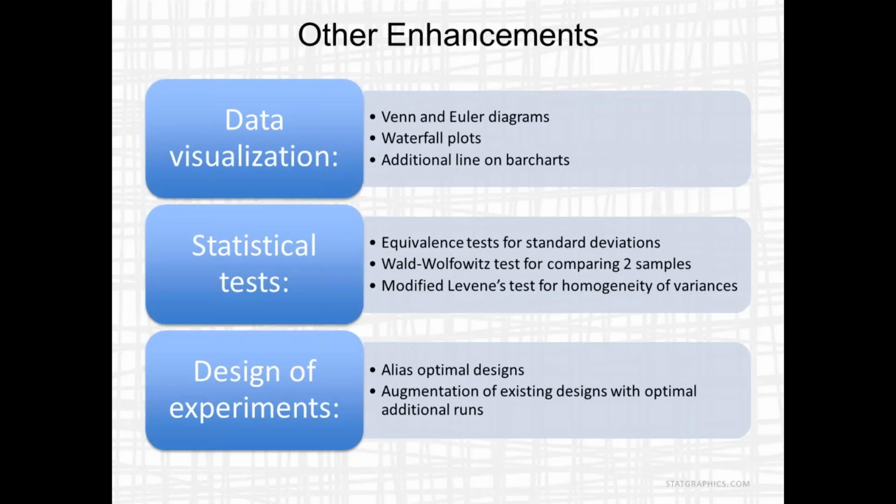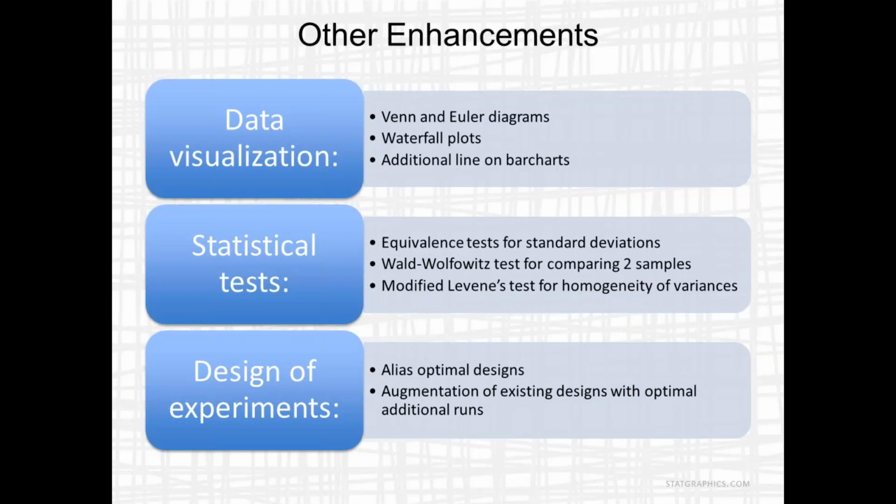Last but certainly not least, we've added some important enhancements to the design of experiments. The two major things we've done in DOE, first off, we can now generate what are called alias optimal designs. An alias optimal design is a design that worries not only about the terms you have in your model, but also potential aliasing or confounding from terms not in the model.